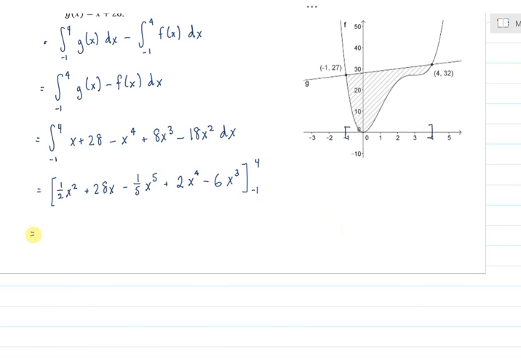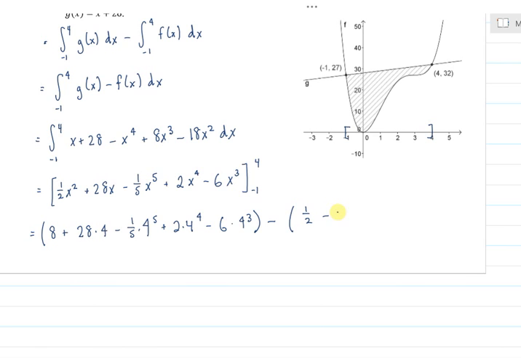Okay. Stay with me. We can do this. 1/2 times 4 squared is 8. Plus 28 times 4, minus 1/5 times 4 to the 5th, plus 2 times 4 to the 4th, minus 6 times 4 cubed, minus, -1 squared is 1, so that's 1/2.